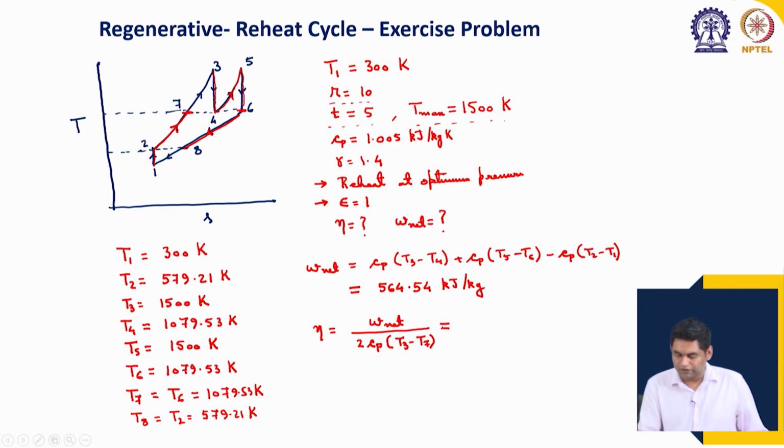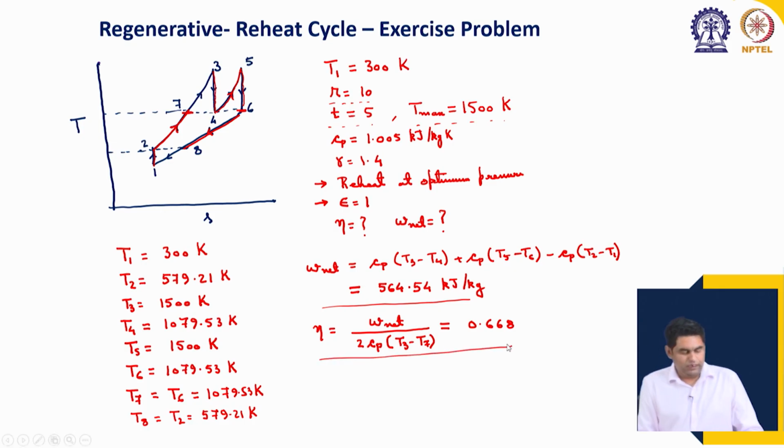So, we know all the values of the temperature. So, this comes out to be 0.668, or 66.8%. So, the net work output does not change, but the efficiency, if we compare to the previous cases, is highest as compared to all the previous cases.